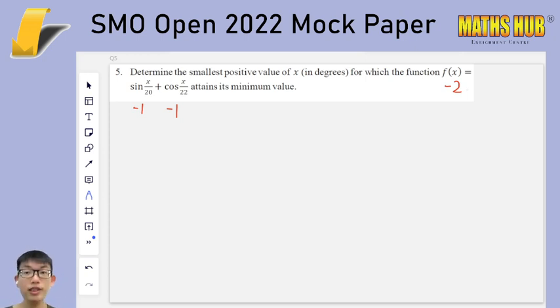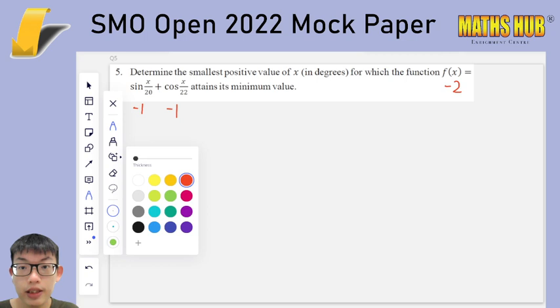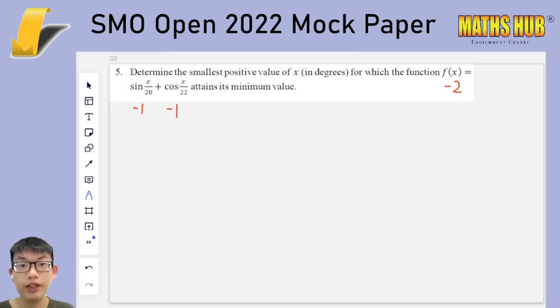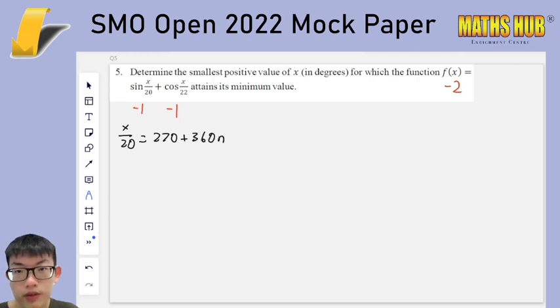Can it happen? Well, potentially yes. It can happen, and it will happen, if x over 20 and x over 22 both appear at the correct position. We know that sine would be -1 at 270 degrees, and we know that cosine is -1 at 180 degrees.